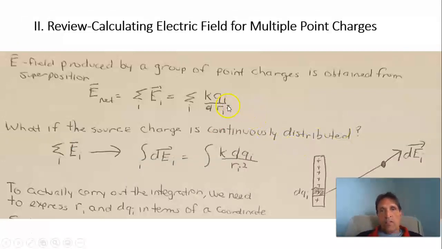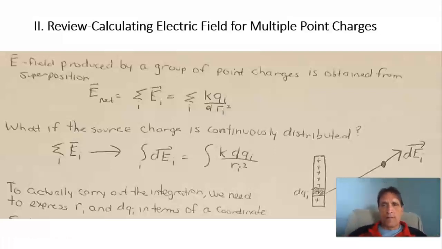And recall that since we know the solution for a point charge, if I want to calculate the electric field due to a bunch of point charges, I just find the solution for each charge, which is K Q_i over r_i squared. And then I add all of these up like vectors to get the total electric field.